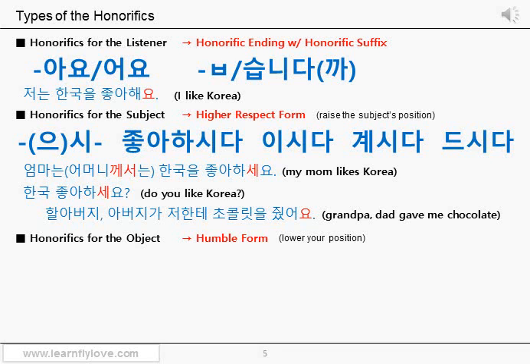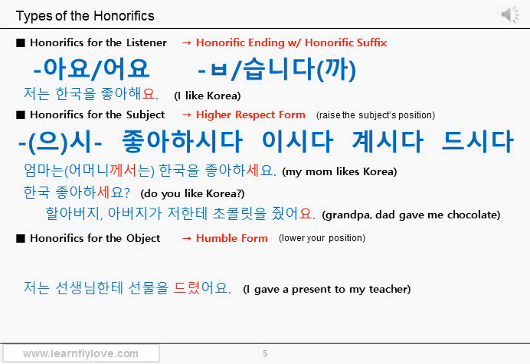Again, this time, you need to lower your position in order to sound more polite to the object. It's different from higher respect forms, please remember. The higher respect form is used to show more respect to the subject by raising the subject's position. But humble form is used to show more respect to the object by lowering your position and making yourself humble.